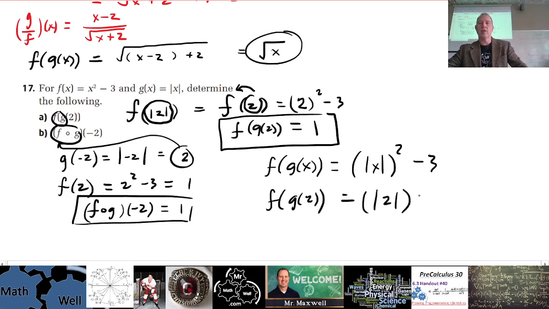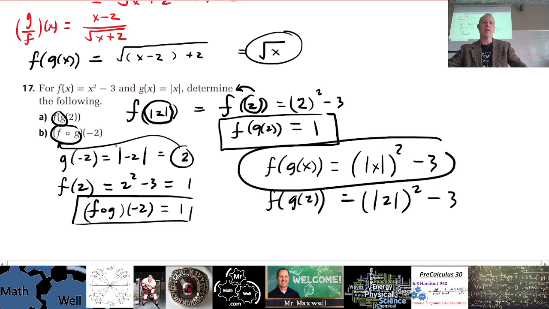A lot of times, though, doing that first step is going to be more difficult than just evaluating g of 2 first. Right? Because if you have some crazy stuff there, getting that simplified, you're going to have x's all over the place. And so usually it's just easier to evaluate the first one first and then plug that number in. That's usually going to be easier, but yes, you totally can do it the exact same way because it still gives you the same number.